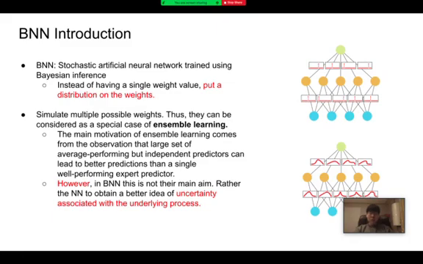And the main motivation of ensemble learning comes from the observation that a large set of average performing but independent predictors can lead to better prediction than a single well-performing predictor. However, in Bayesian neural networks, this is not their main aim. Rather, the aim is to obtain a better idea of uncertainty associated with the underlying process.